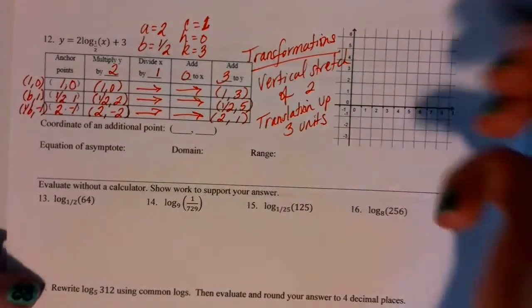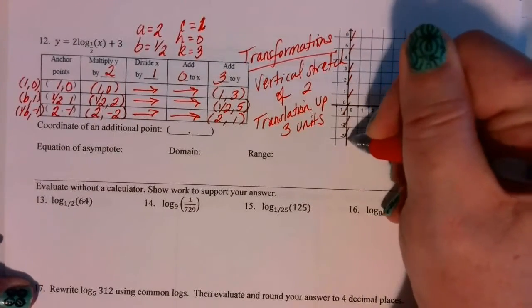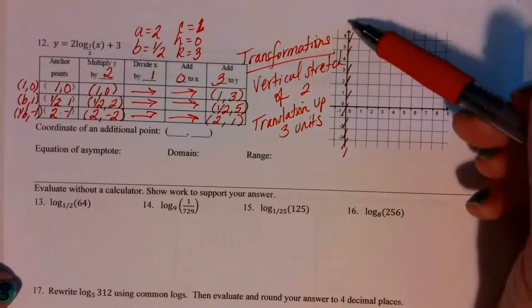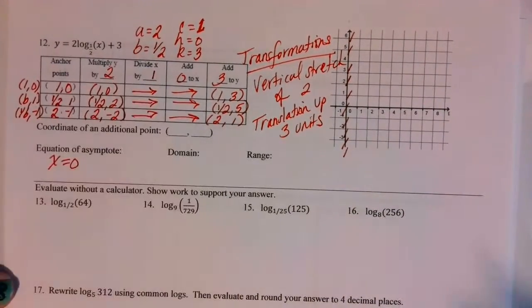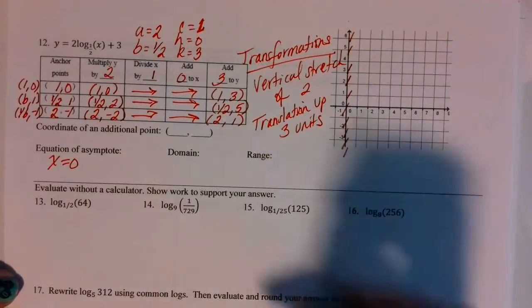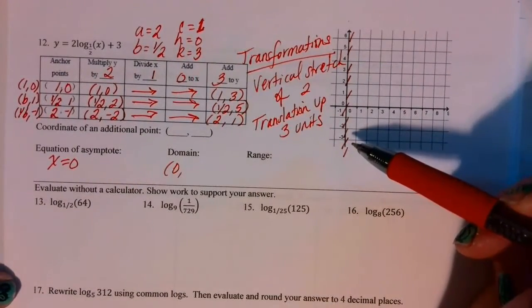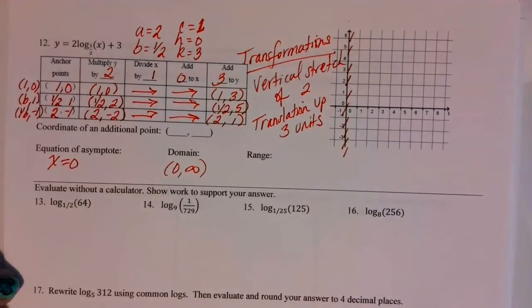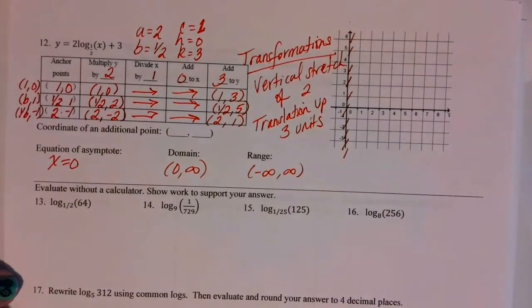So that's going to keep the vertical asymptote. Since there was no horizontal translation, that vertical asymptote is going to stay right along the y-axis, which is the equation x equals 0. The domain is starting at that 0 of the vertical asymptote non-inclusive and heading to positive infinity. The range is all real numbers.